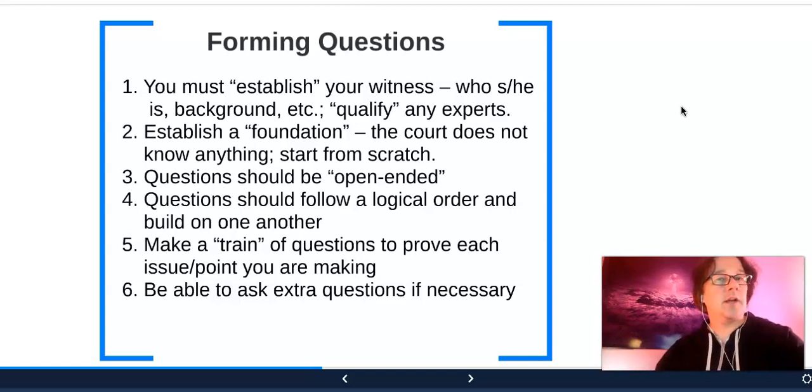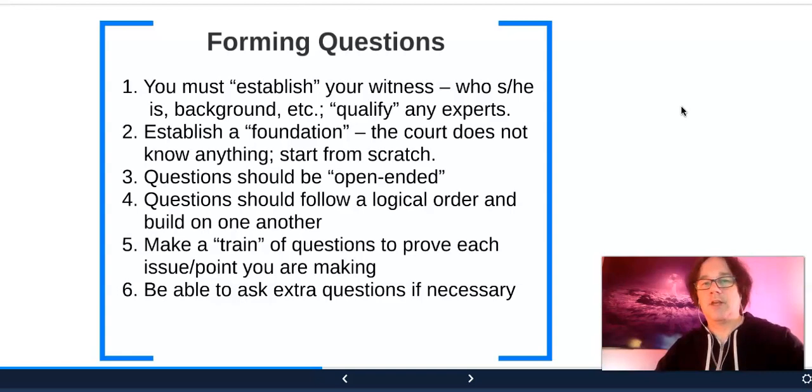So just keep this in mind when writing out your questions, but also when figuring out the order in which you want to call your witnesses. Remember, the goal here is to use your witnesses to tell a story.